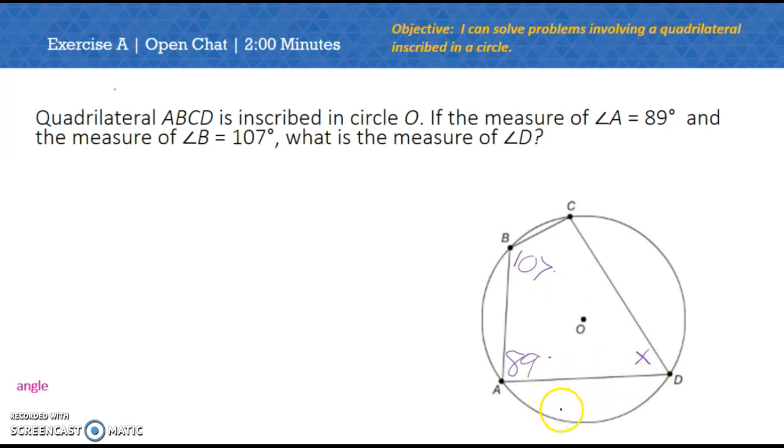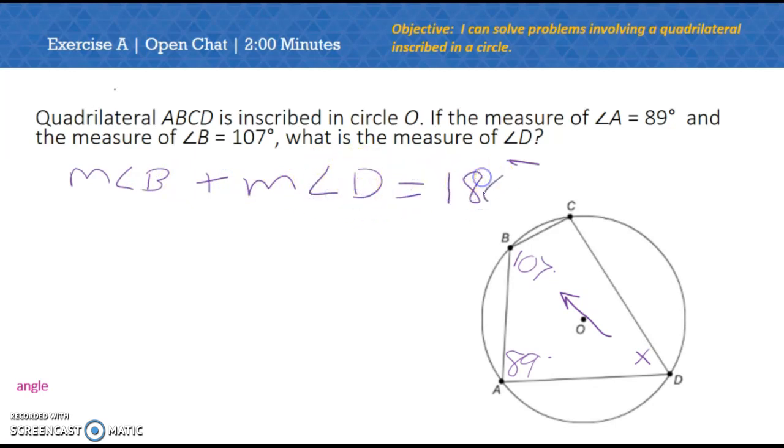Now remember, opposite angles are supplementary in a quadrilateral that's inscribed in a circle. So the opposite angle from angle D would be angle B. So I know that the measure of angle B plus the measure of angle D has to equal 180 degrees. Well, I know angle B is 107.